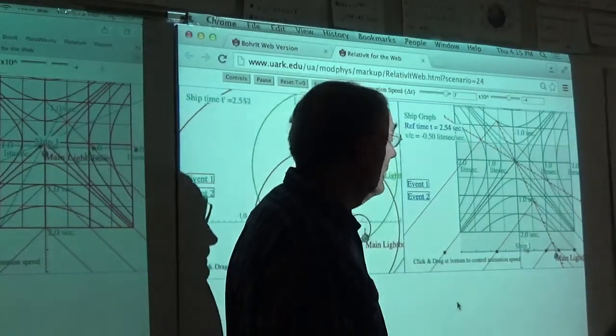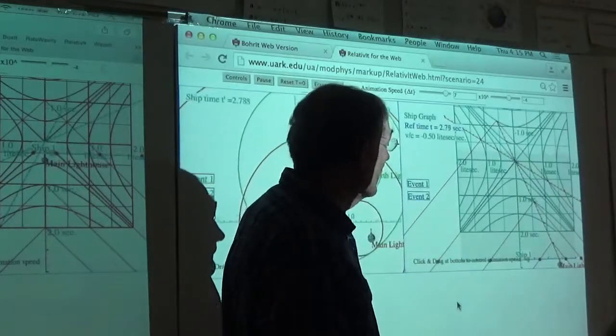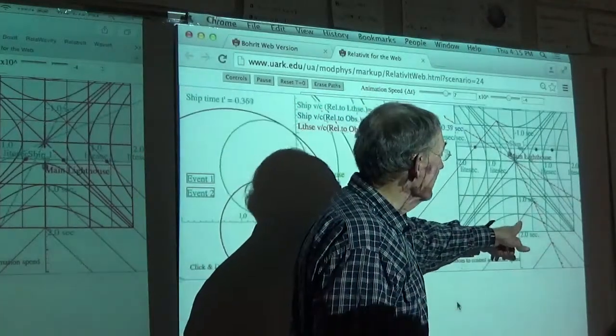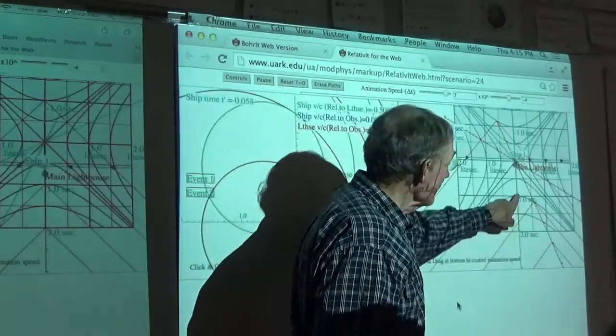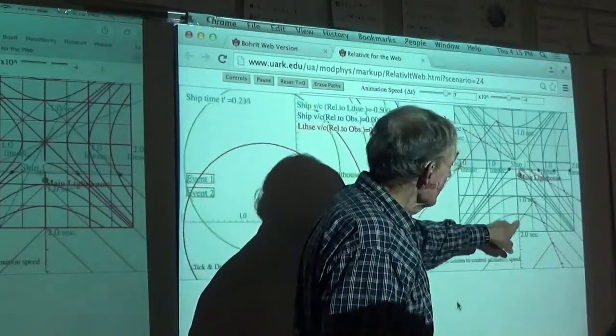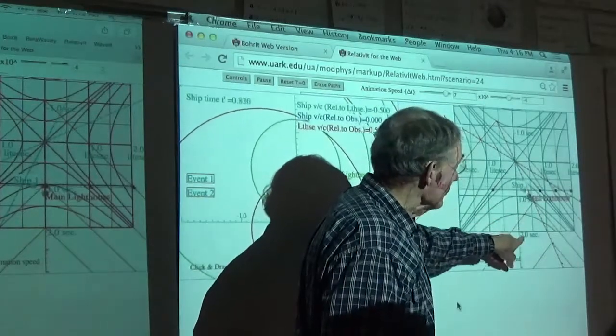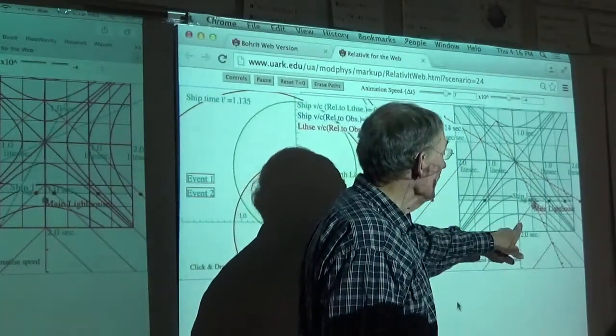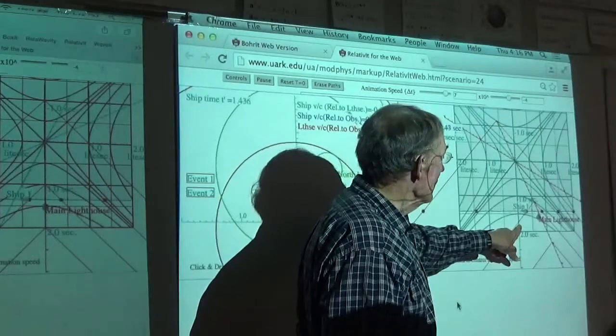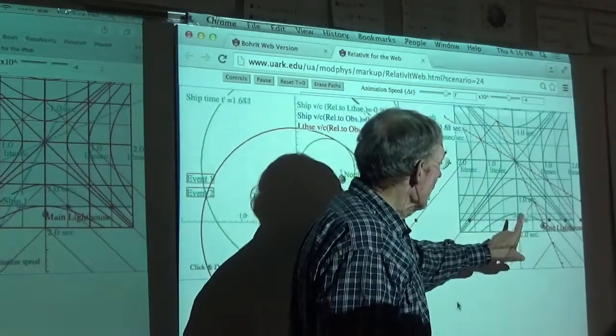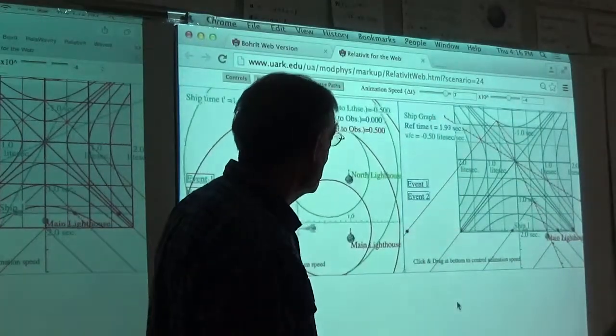It's not simultaneous with the hitting that occurred quite early right there, where that intersected the ship line. The lighthouse is over here. The ship is just standing still in this frame, and he's going to get hit by that blink number 1 right there, you see.